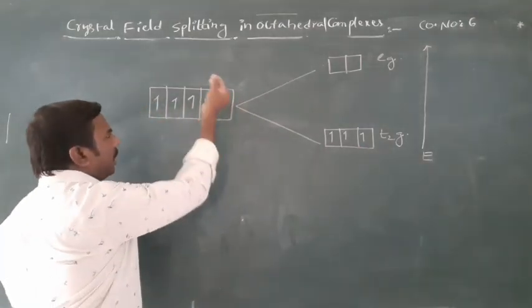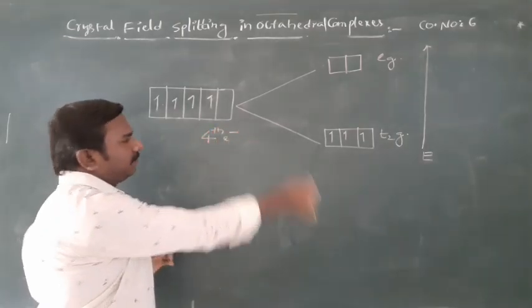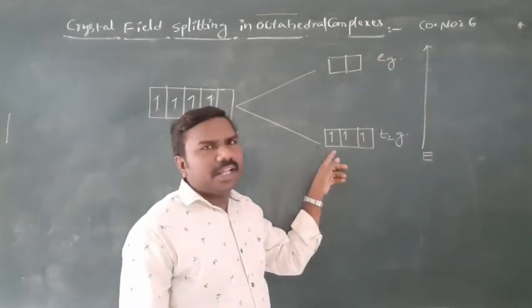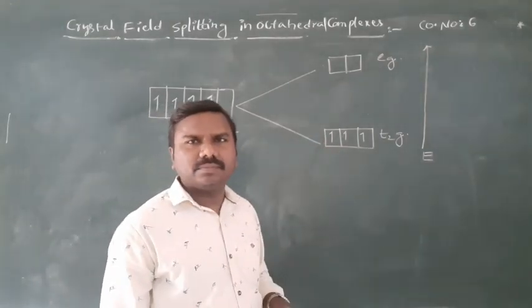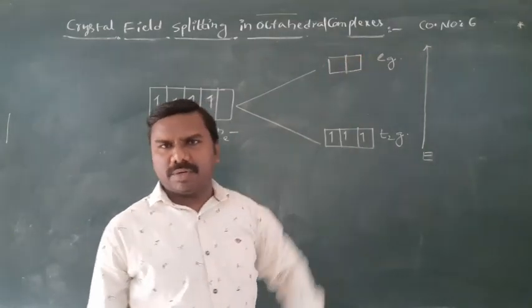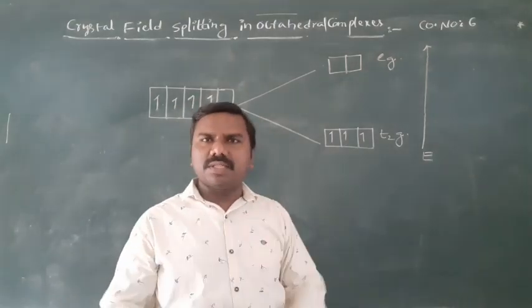Fourth electron is there. There is a problem with the fourth electron. Clear it is? The reason is, it should be filled in the lower energy, otherwise empty orbitals are there, it must be filled in the empty orbital. As per Aufbau principle, lower energy orbitals are filled first.